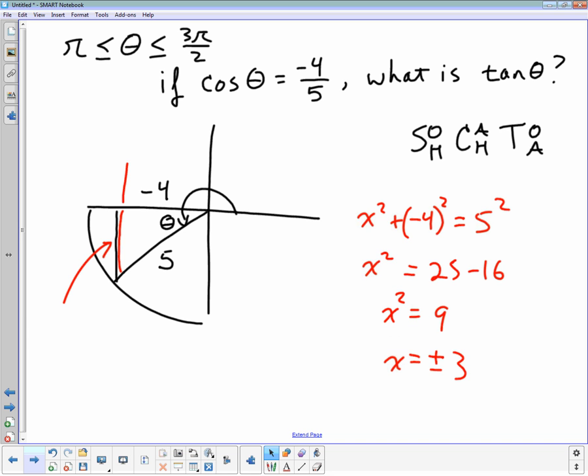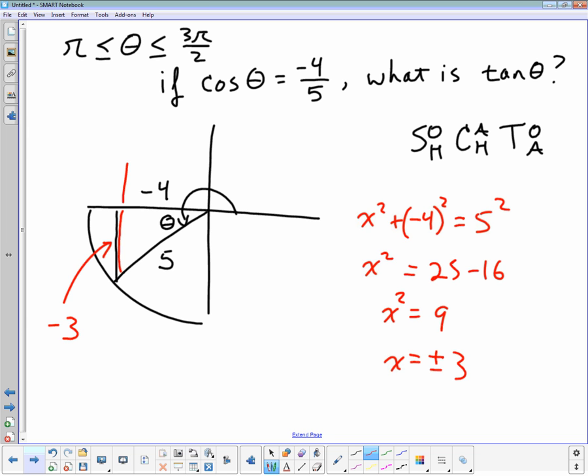Under normal circumstances, regular garden variety geometry that you took a million years ago, we throw away the negative case. We don't care about it. But now we're selecting it because it fits into the problem that we need. It's the solution we wish. So this is now -3, because like I said, I'm living in the third quadrant.